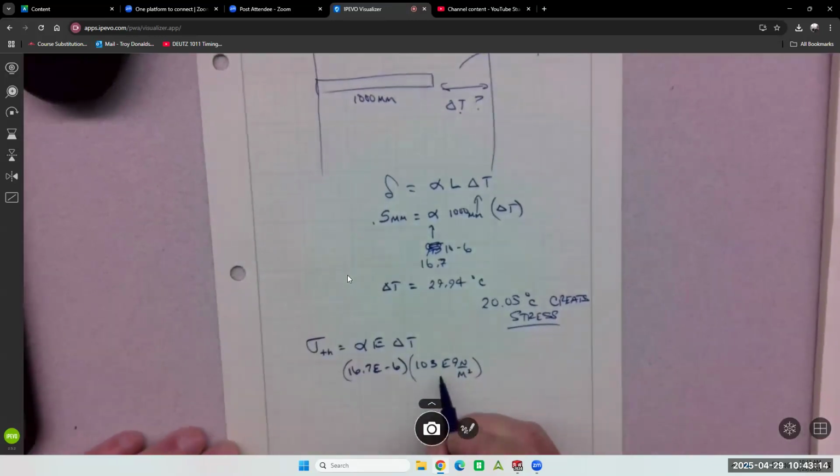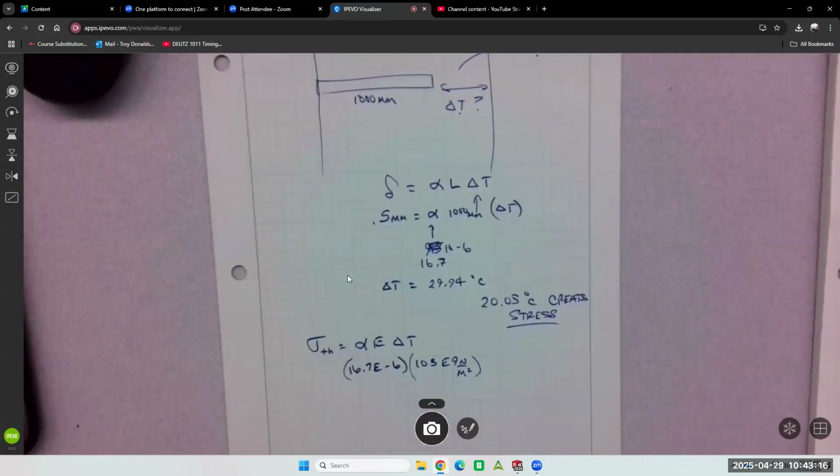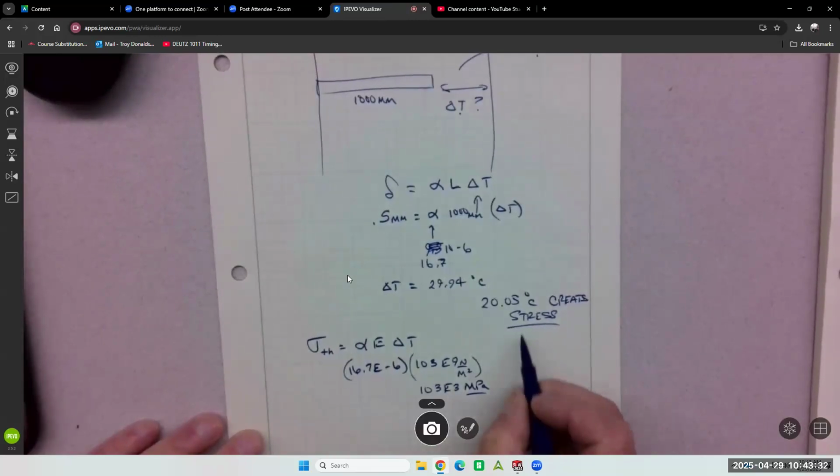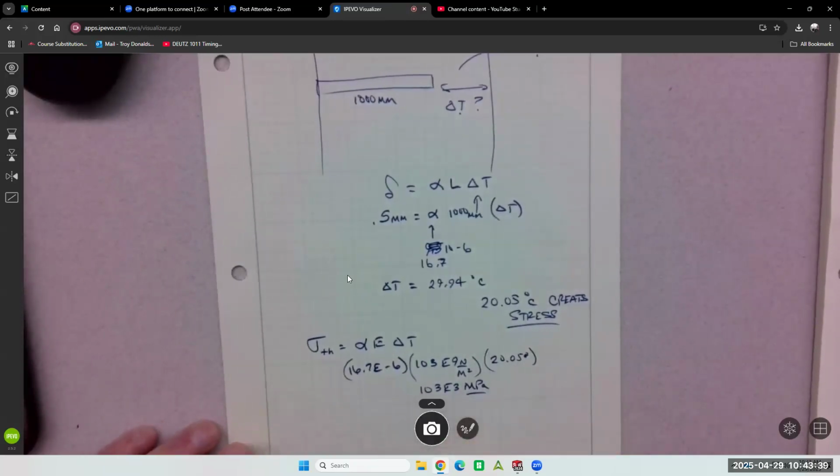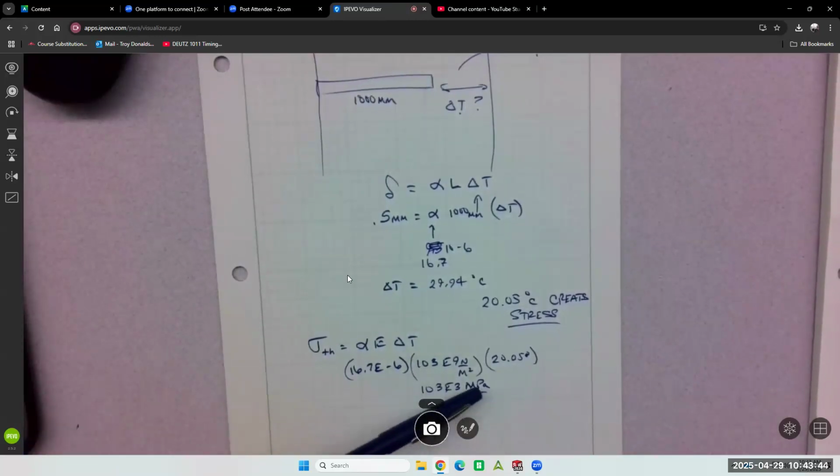103 e to the 3 megapascals. You can just leave it in that, and then that'll be the unit you get. And the delta T, the leftover, is 20.05 degrees. Either one of these works. This just gives you megapascals directly.